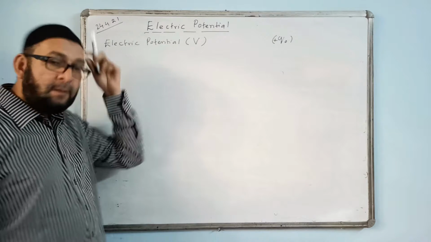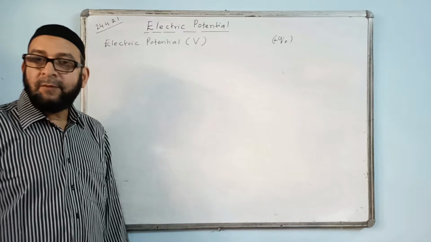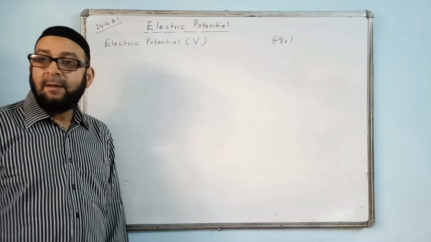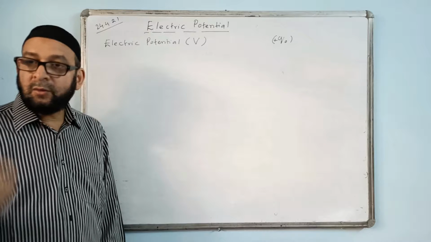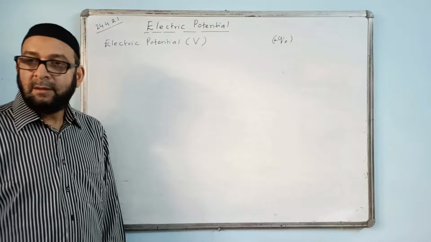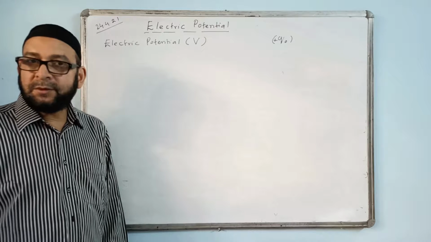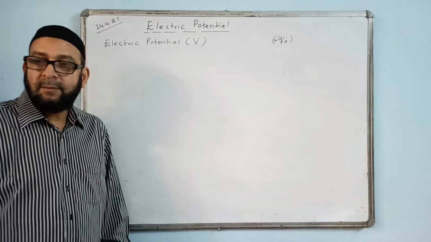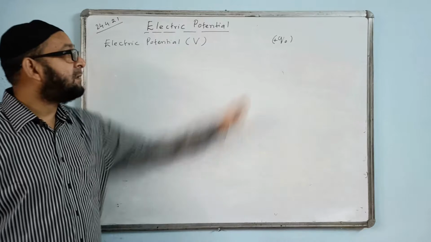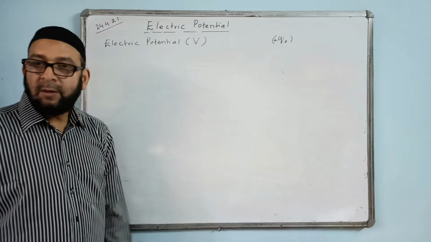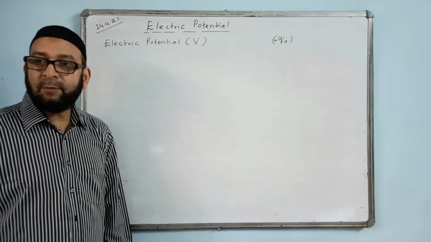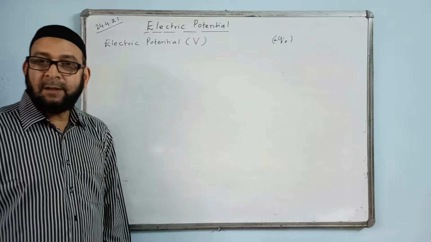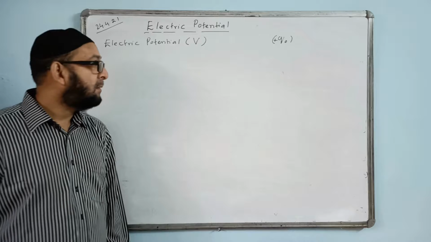Okay. Once again, electric potential is the amount of work done to bring a unit positive charge, that means plus Q naught, that means test charge, from infinity to the given point in an electric field.